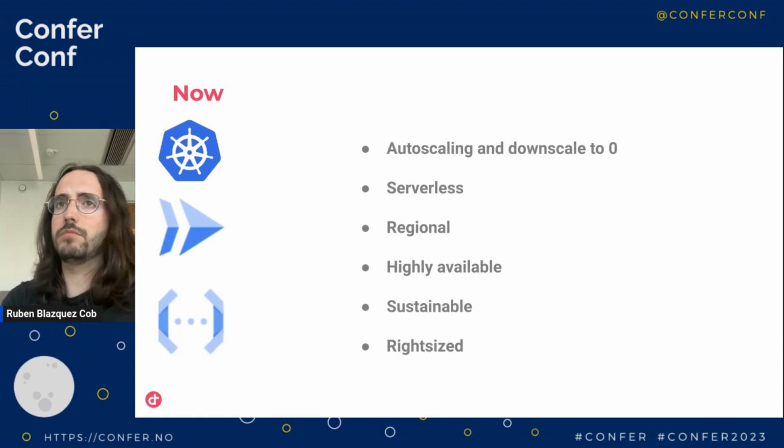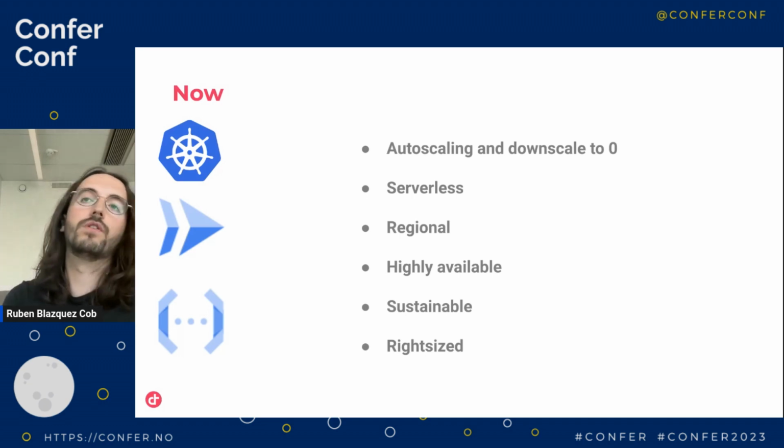So you want it to be able to scale up and down and be right sized all the way. Now, of course, scaling all the way down specifically to zero will be a lot easier if we do serverless, but however we do it, you have the typical advantages such as being regional, highly available, right sizing, having it be sustainable based on right sizing, and also being able to downscale all the way down to zero.